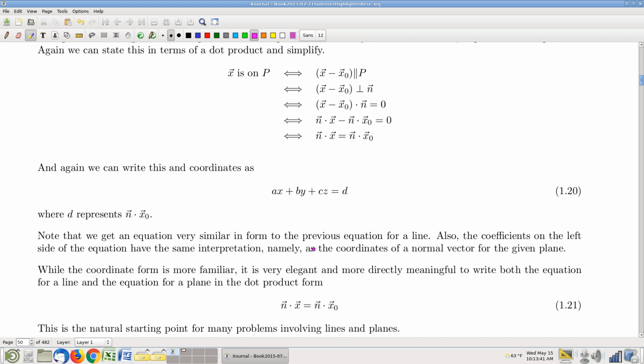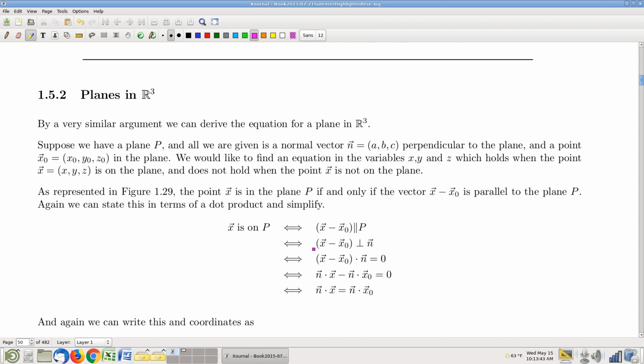Okay. A little bit of lingo. I called this vector n to conjure this word normal. In this context, the word normal means perpendicular. In other contexts, the word normal means other things.